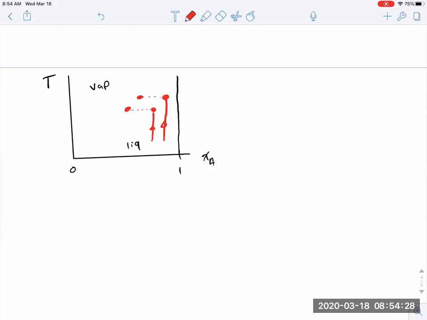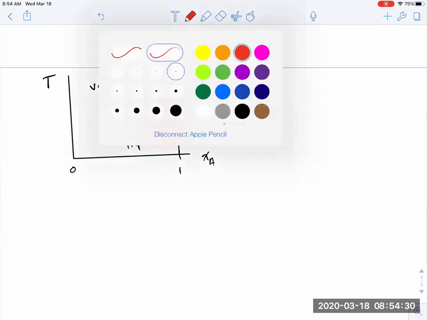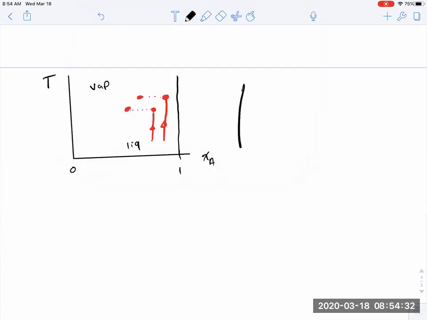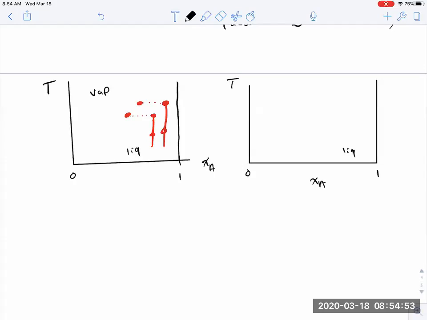So I could do this experiment a bunch of times, tracing out then a coexistence curve, much as we have before. In the mole fraction temperature plane, I have liquid down here, vapor up there.